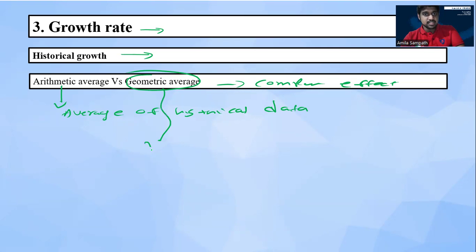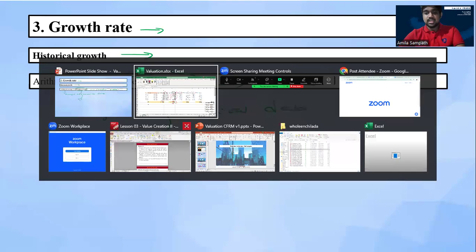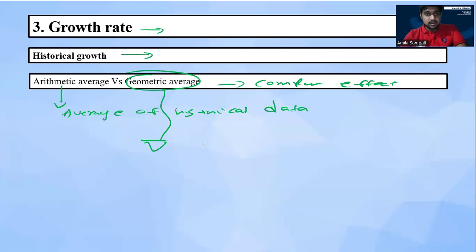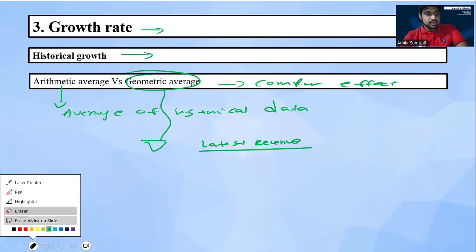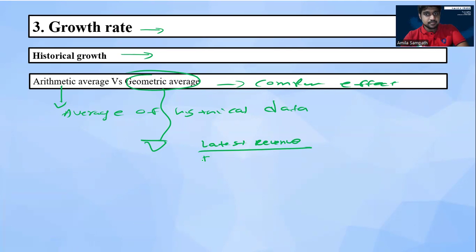Then how can we calculate the growth rate under the geometric average? It is the latest year revenue divided by the end year revenue.